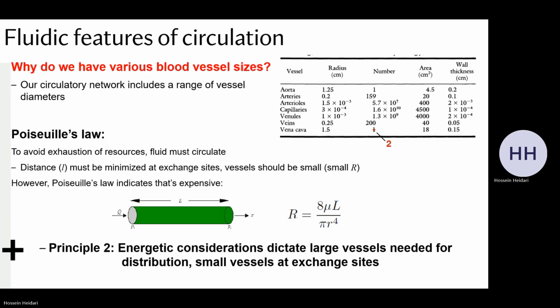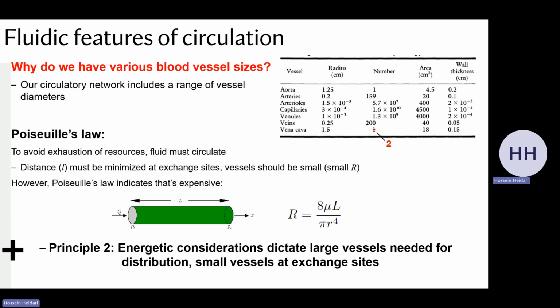Now, let's use that equation a little bit. So we've got the resistance, which is this equation here, and we're going to keep in mind that the core equation is delta P equals R times Q. Very much similar to delta V equals R times I. Okay, so that's the basic equation that we're going to be using.